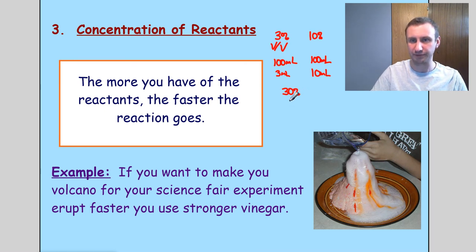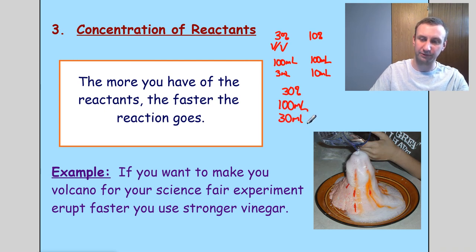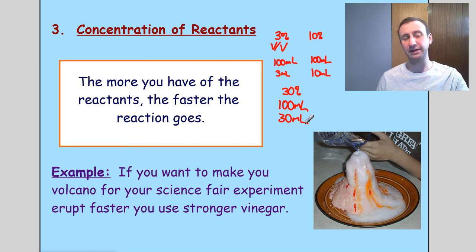I'm pretty sure that's the concentration they use, which means that for 100 mils, there would be 30 milliliters of hydrogen peroxide in there, and 70 mils of that would be water. So that would react even faster than all of the rest of them.